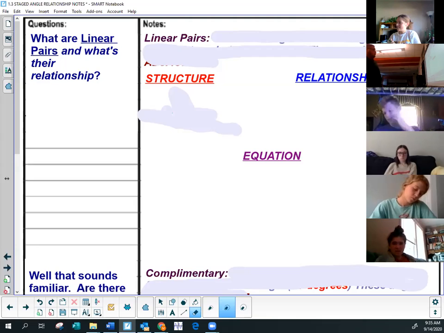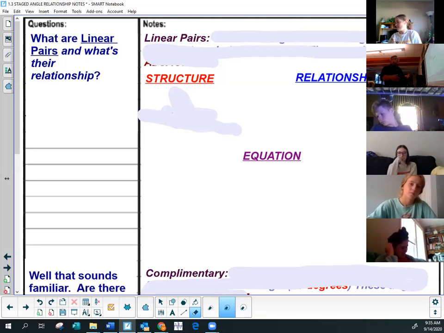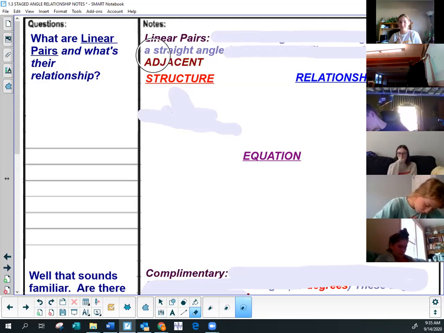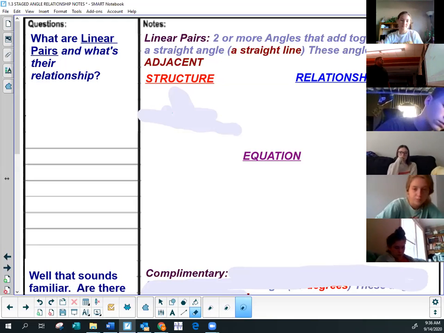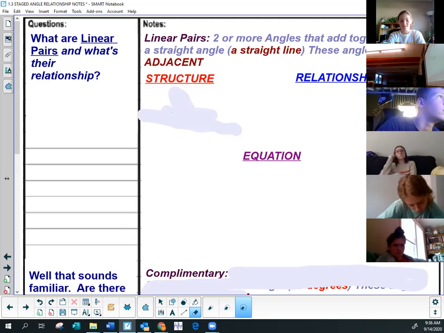Line? Absolutely. So linear refers to line. Pairs, of course, like groups of things together, two typically, but not only ever two. When we talk about linear pairs, we're talking about two or more angles that add together to form a straight angle or a straight line. That's where the linear part comes in. And these angles have to be adjacent. So get that down and we'll talk about those terms.